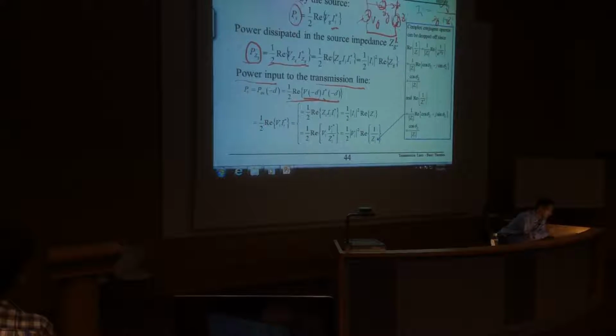Later I will explain further. For this power input to the transmission line, you can also use this equation or this equation. Notice Zi is a complex number, so cosine theta Vi will be involved.